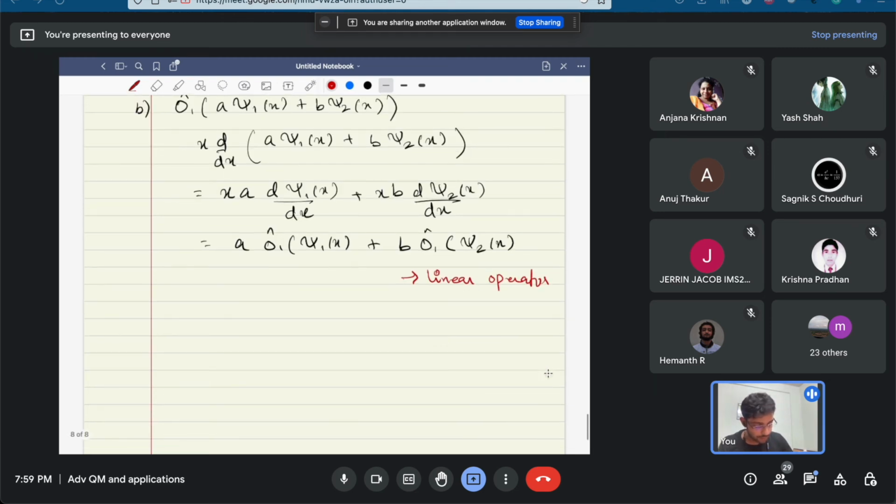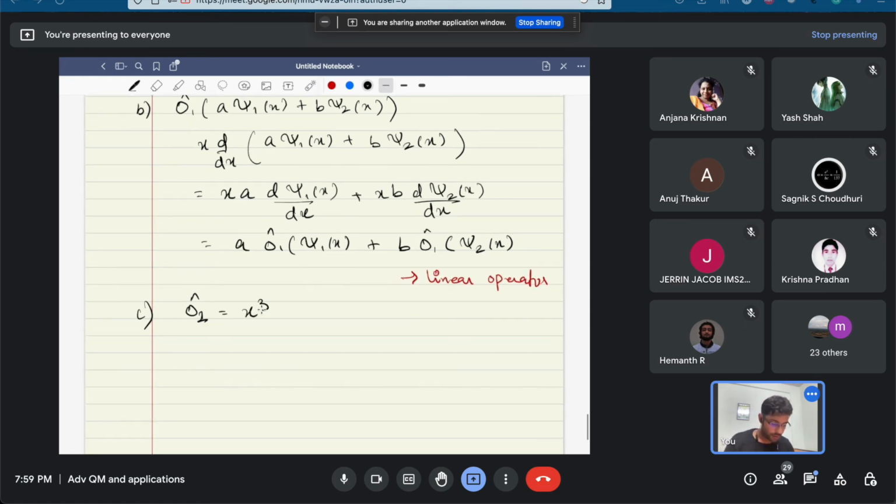Now taking a bit of a different type of example, let's say we have x cube. O2 is defined as x cube. So what do you think from your first guess? Will this operator be a linear operator or a non-linear operator?